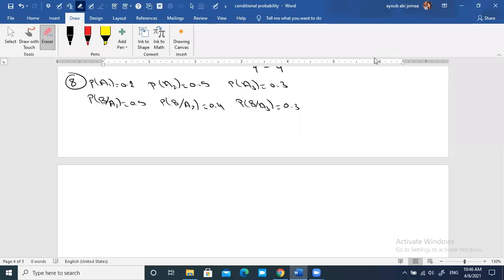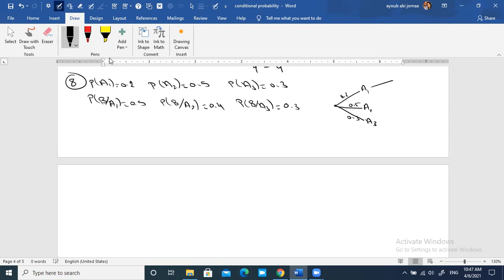So if you want to draw a tree diagram, A1, A2, A3, probability of A1 is 0.2, probability of A2 is 0.5, probability of A3 is 0.3.